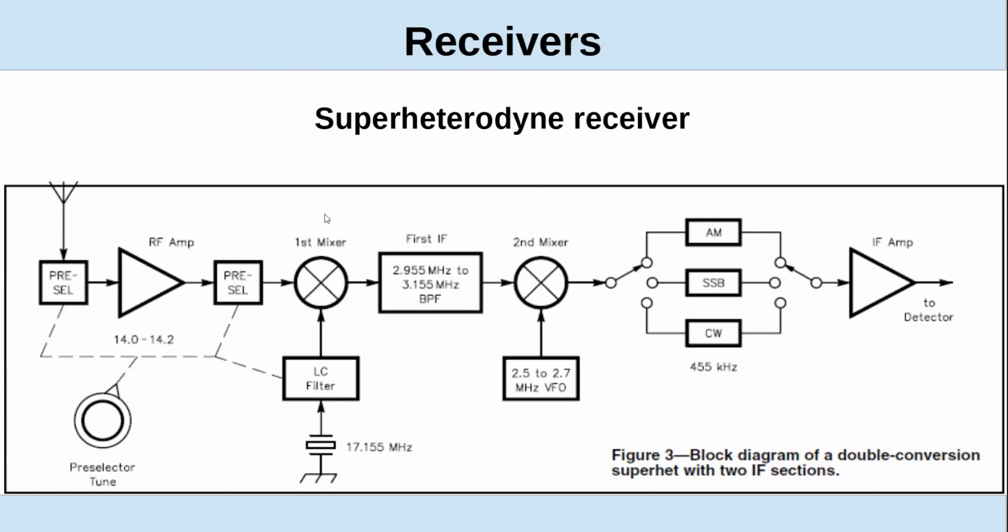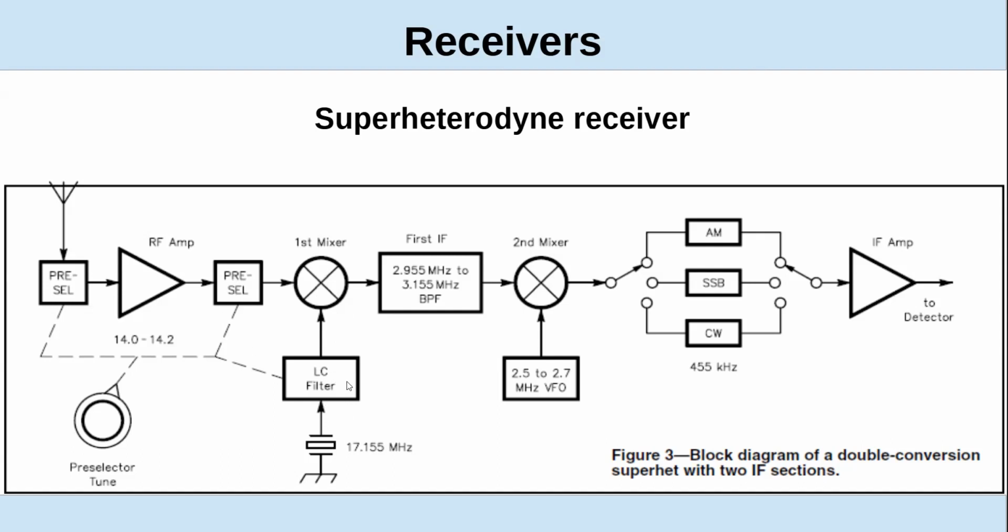This is a typical example where you had sometimes a pre-selector, which would be a bandpass filter on the front end through an RF amplifier, another pre-selector that's also selected with the front end one, going into a mixer. And these are just to get rid of out of band signals that you don't want.